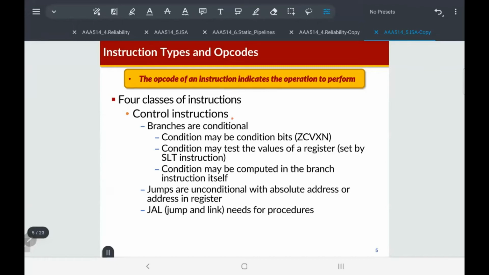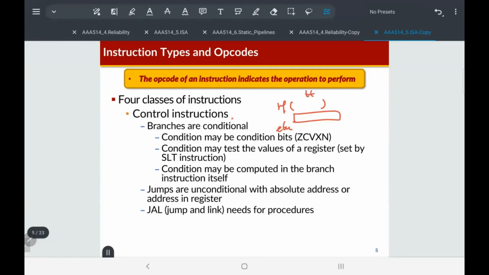So we can change the flow of instructions like if, else. This is an example of a conditional branch, an if-then-else statement. Based on some conditions, we can change the statement executed.